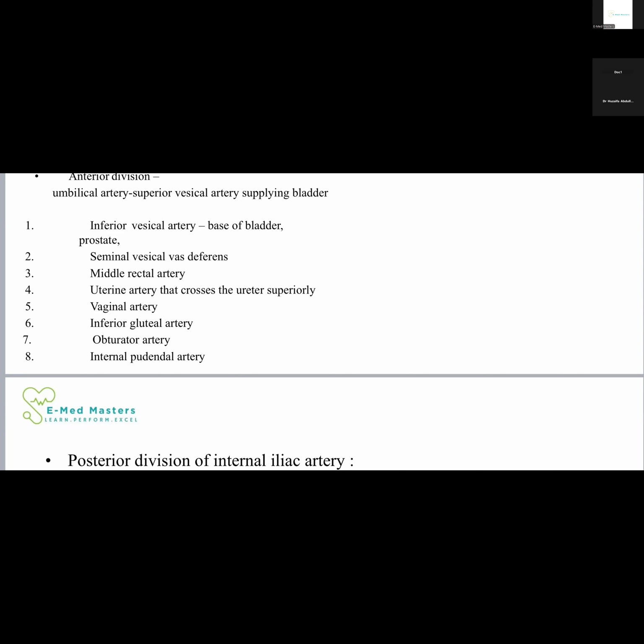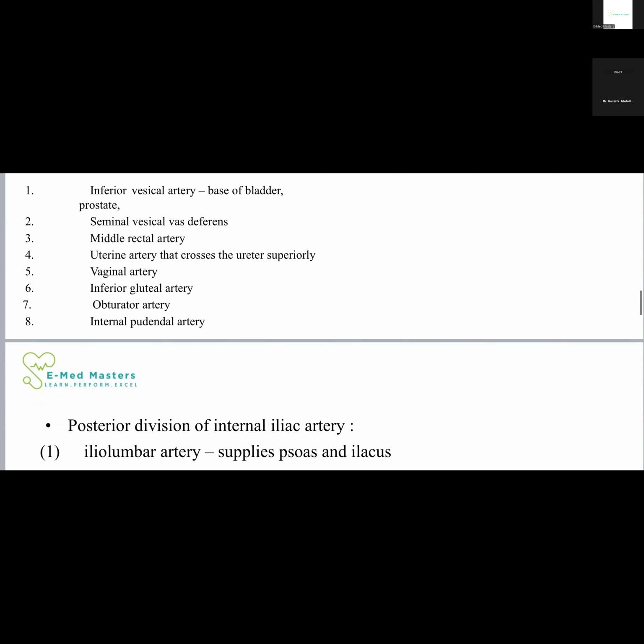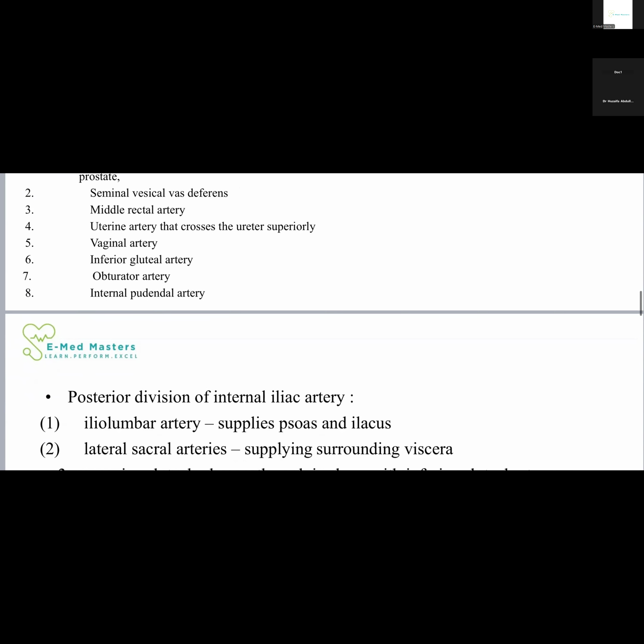Umbilical artery, which gives rise to the superior vesical artery, inferior vesical artery, artery to the vas deferens, middle rectal artery, uterine artery, vaginal artery, inferior gluteal artery, obturator artery, and internal pudendal artery. You can see in the diagram.